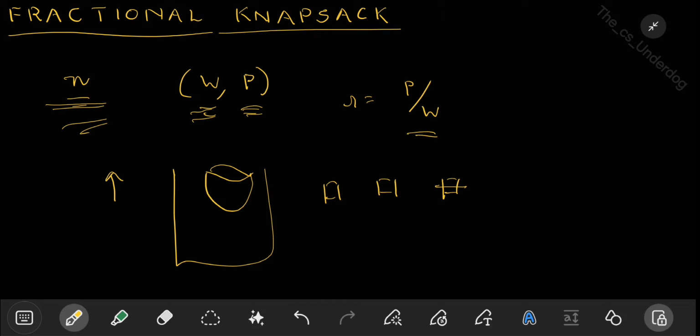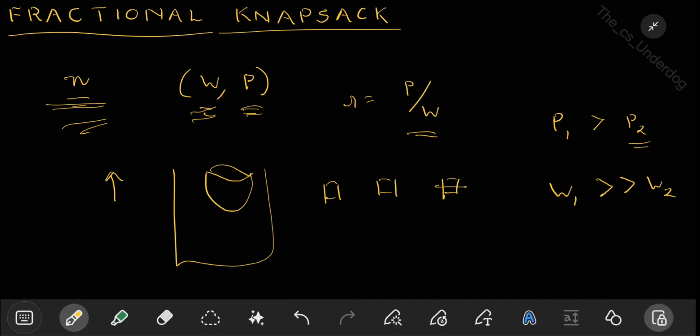Once you get the profit per unit weight, you can compare the profits of different items, P1, P2, etc. Why is this? Because initially, let us say some item has a profit P1, which is greater than profit P2, but you cannot directly select this item because maybe the weight W1 of the item giving profit P1 may be much greater than the weight of the item giving profit P2.